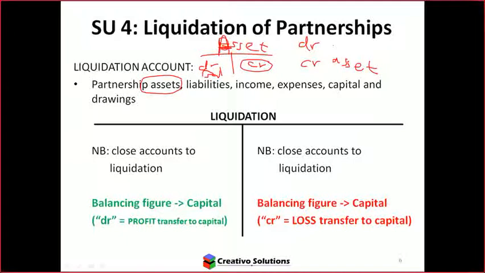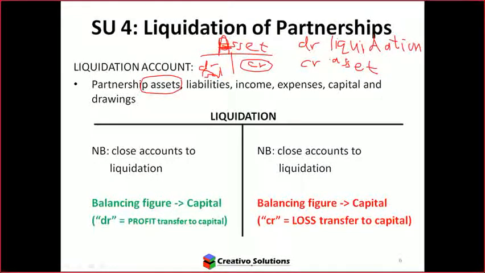Well, then it will go to capital. It can't go to capital because that's the owner's entitlement. So where's it going to? Liquidation. Remember we said everything goes to this account. So it doesn't matter what it is, it's going to the liquidation account.